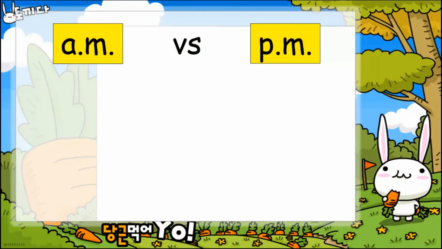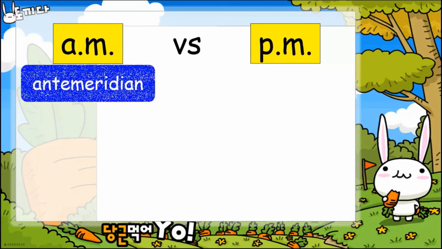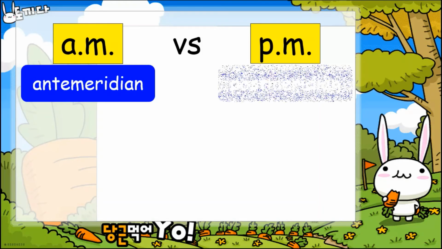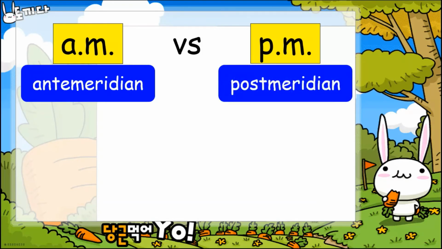Additional knowledge about time. When talking about the time, you will come across AM and PM. AM stands for ante-meridian and PM stands for post-meridian. But don't worry about those long spelling or pronunciation. People will just say AM or PM.